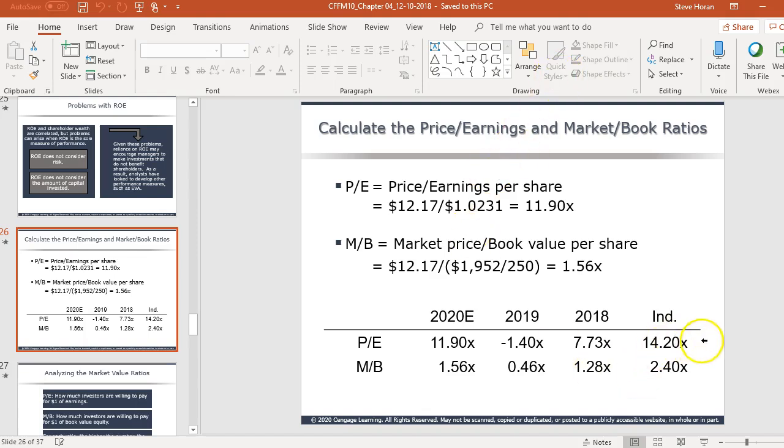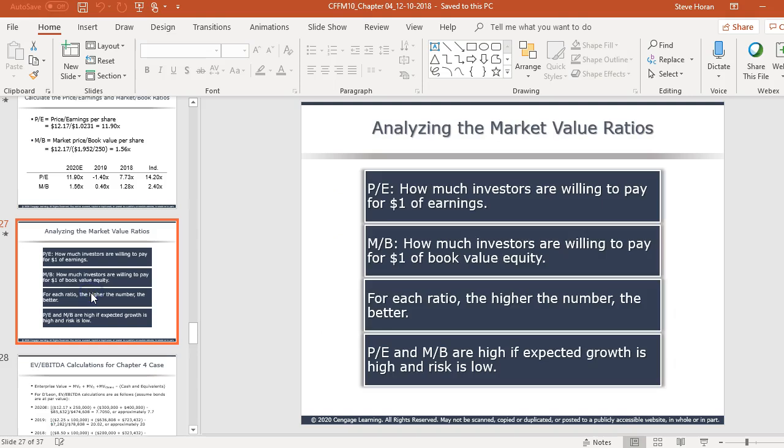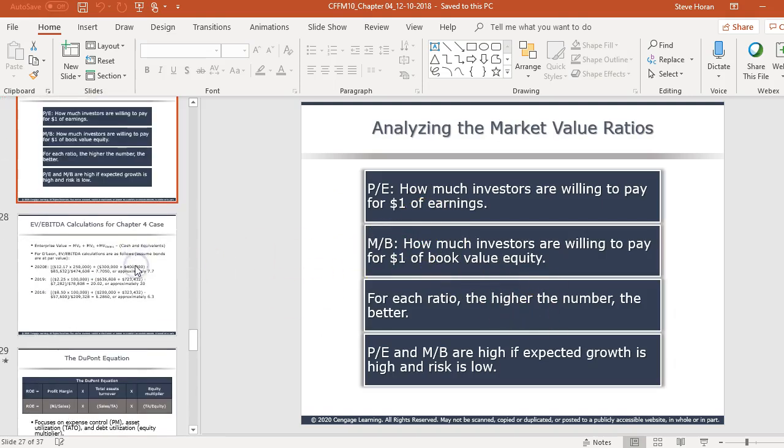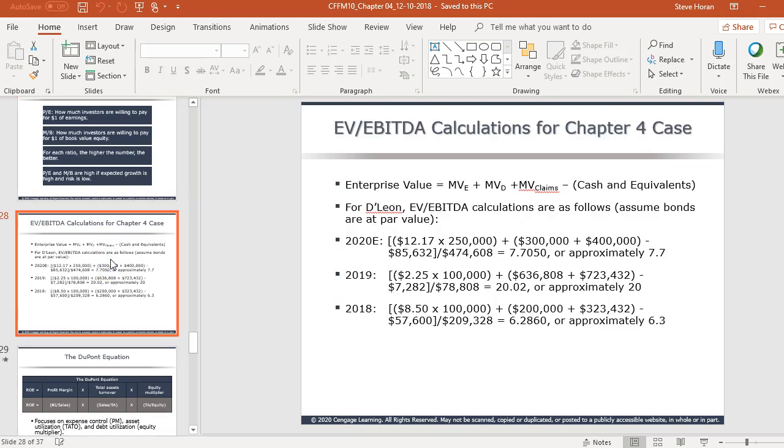Okay. So those ratios there, and again, you can see, kind of the same old story. 2018 was below industry, 19 was bad, 20 is getting better, but still below the industry averages. And pretty much explained this one, so we'll skip that one. I've already talked you through it. And then the EV/EBITDA calculations.